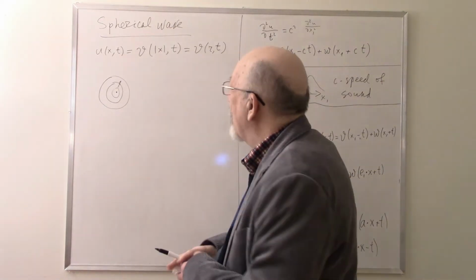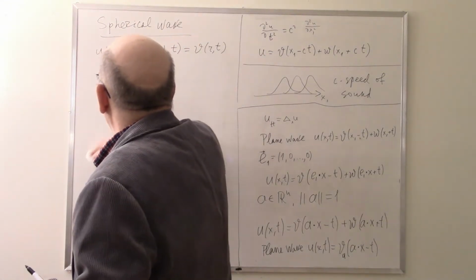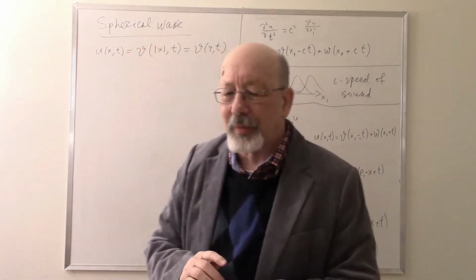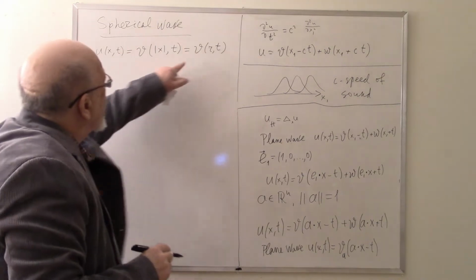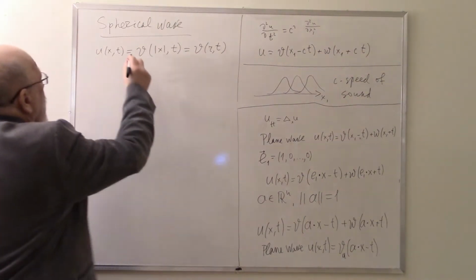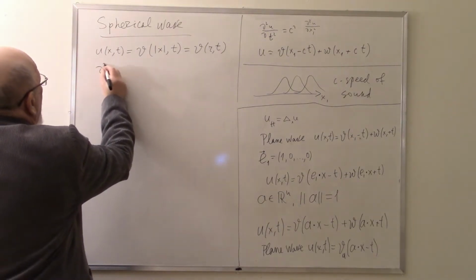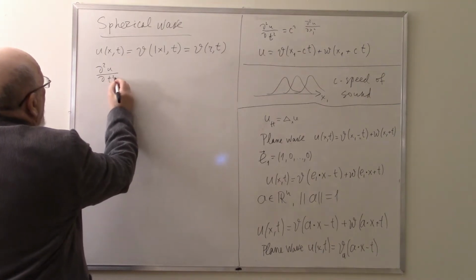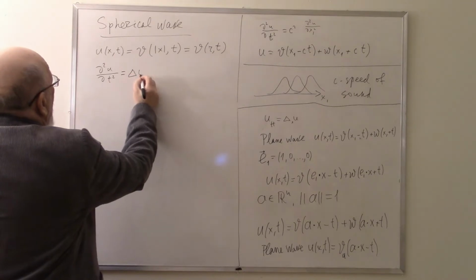And so my next goal is to study these radial solutions. So u of x,t is v of r,t. u satisfies the equation d squared u over dt squared equals the Laplacian of u.